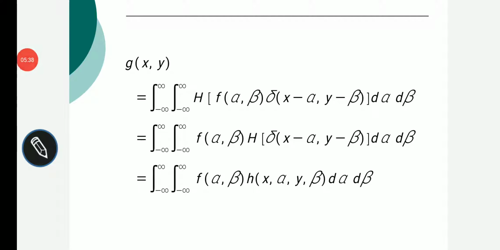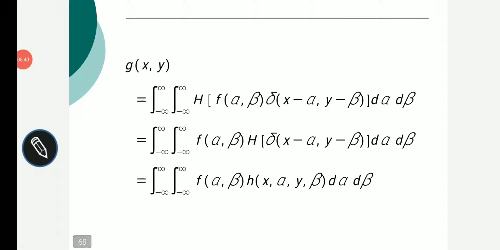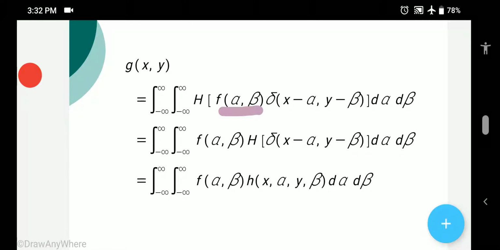Since f is not dependent on x,y, we'll take it outside: f(α,β), then h[δ(x−α, y−β)] dα dβ. So here, this h of delta, we get h(x,α,y,β). This is the function.